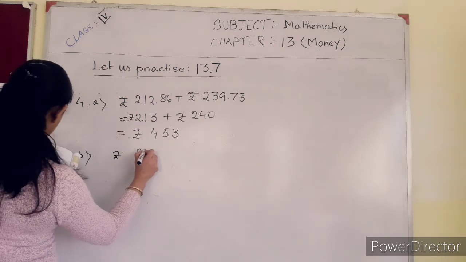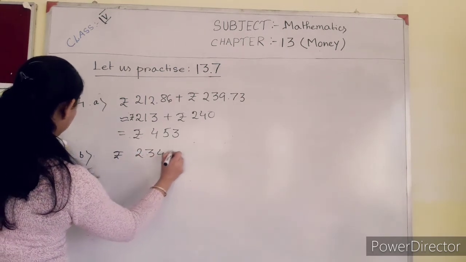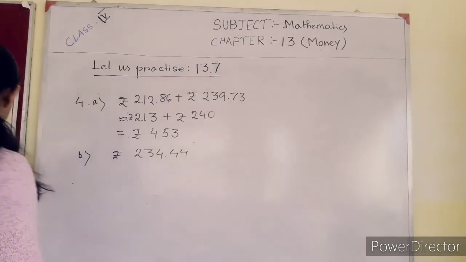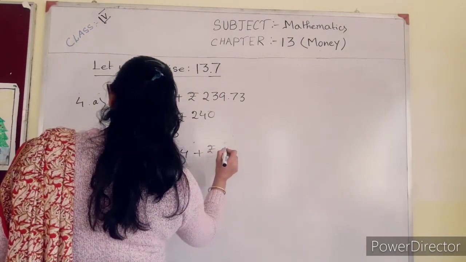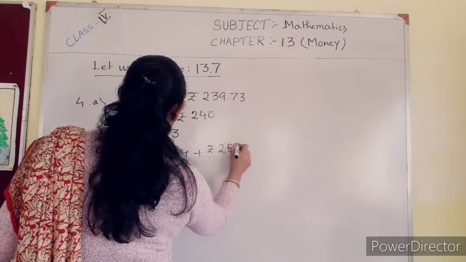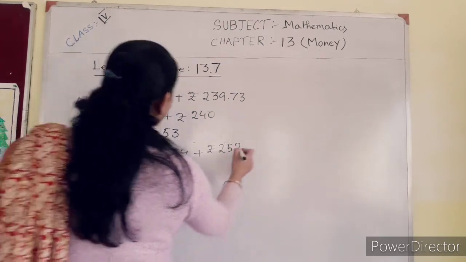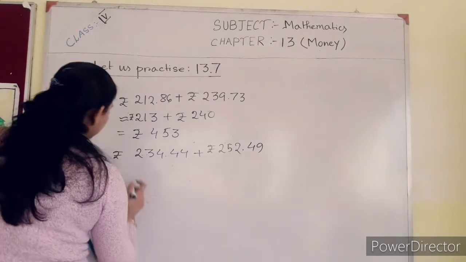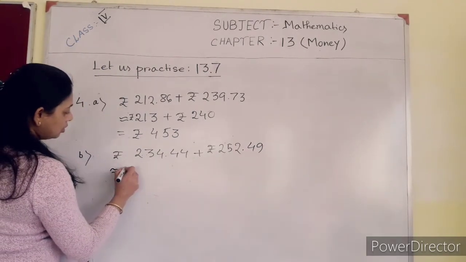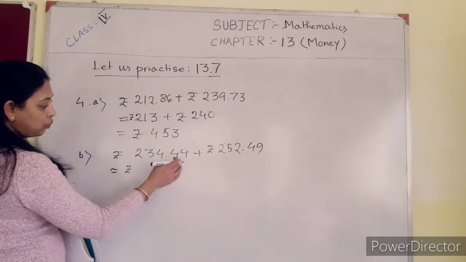Rupees 234.44 plus rupees 252.49. Nearest rupee, so approx 0.44.